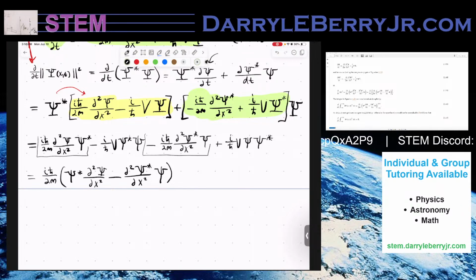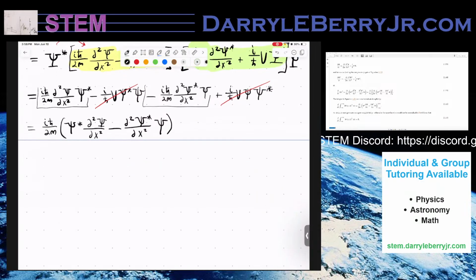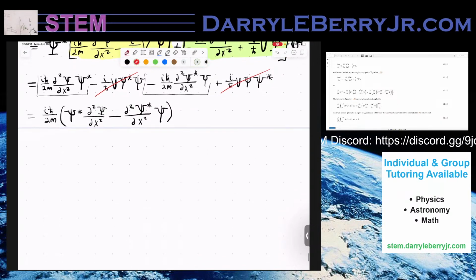And as you can see, these things cancel out. So you have a plus and a minus i over h bar potential psi complex conjugate times psi, where they cancel. So how are we getting there? And it looks like they did one more thing. Okay, I see. So if we look at this, let me write this in red.